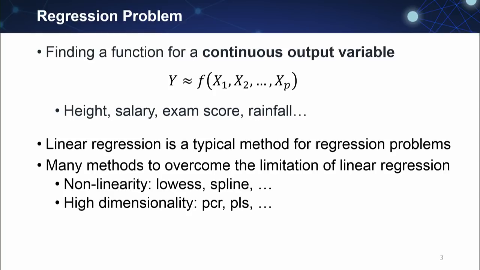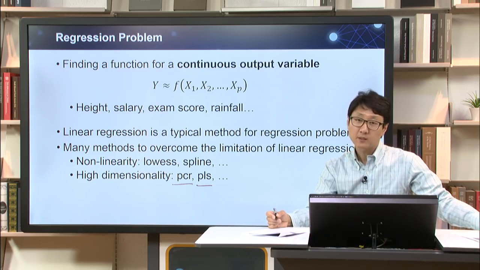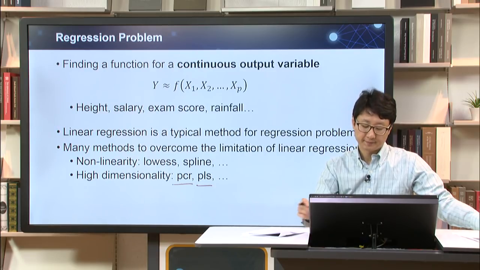To overcome such limitations, especially to ensure non-linearity, other methods like loess or spline were developed. And to consider high-dimensional data, principal component regression, or in short PCR, or the partial least squares method, in short PLS, were introduced. In this week, we will go over these advanced methods for regression problems.